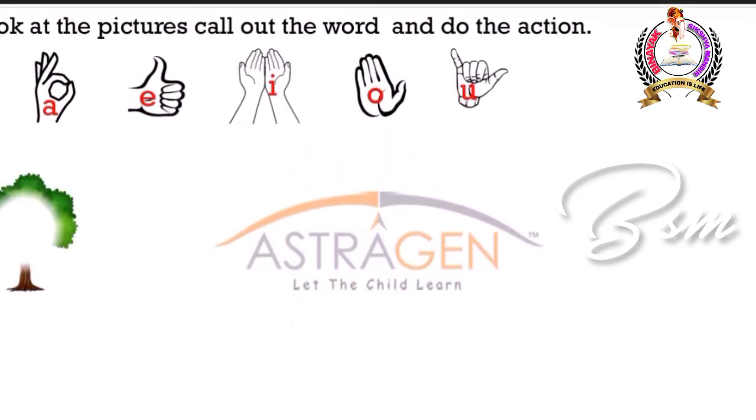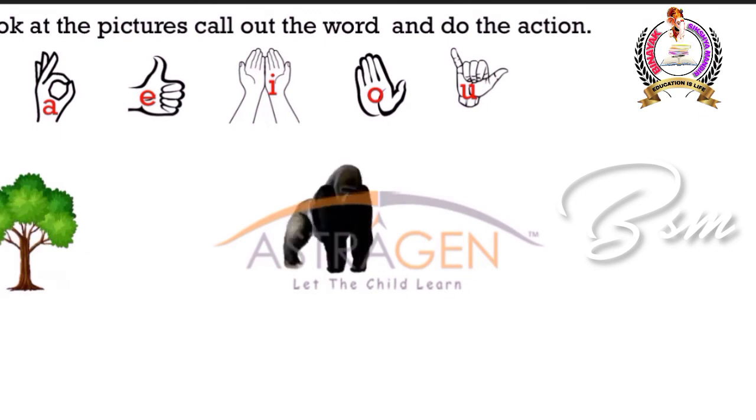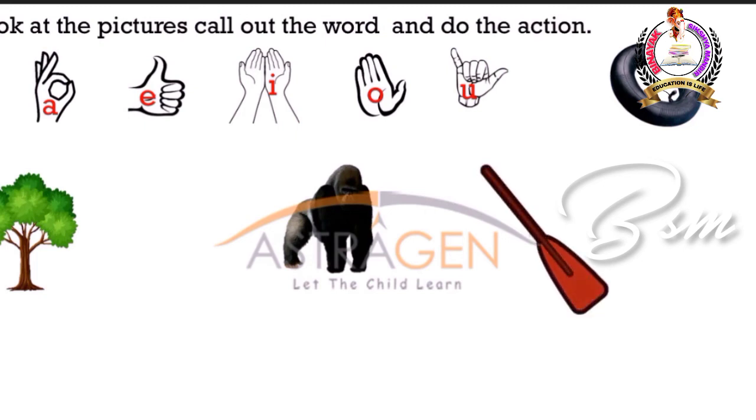Ready, children? Tree, thumbs up. Ape, fantastic. Tire, I, both the hands. Oar, that's an oar that you use to move the boat forward. It's made of wood. It helps you give direction to the boat too. So, O, one hand up.